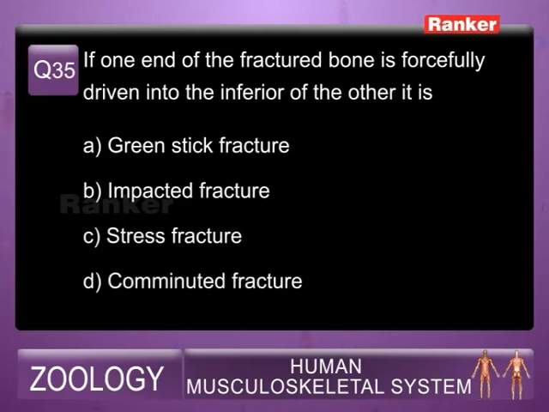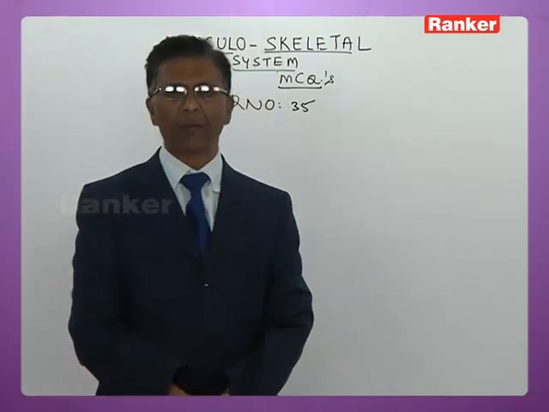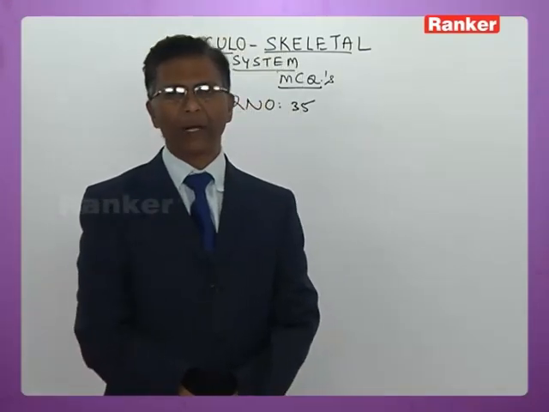35 is here. If one end of a fractured bone is forcibly driven into the interior of the other one, it is called A. green stick fracture, B. impacted fracture, C. stress fracture, D. comminuted fracture. Students, you already learnt about this. Green stick fractures are mostly noticed in children before attaining adolescence, where one bone is fractured, the other bone is bent.